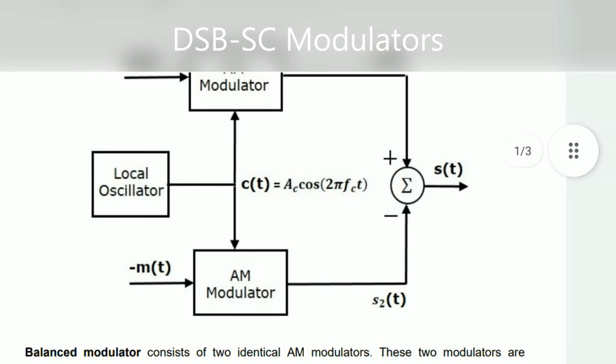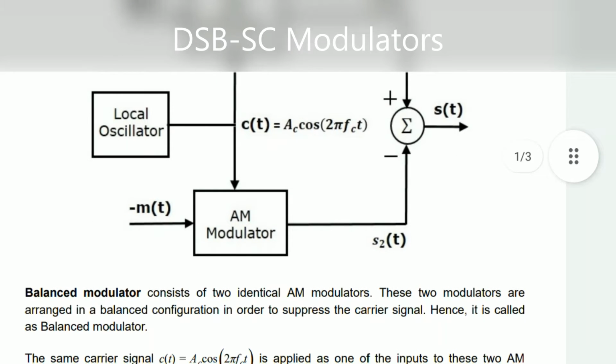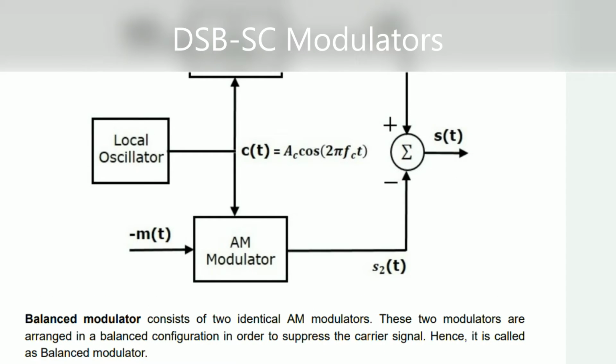So here we have two AM modulators, and then we have one summer and one local oscillator. From this diagram we can say we are giving the message signal to the upper AM modulator, and the negative of the message signal is given to the lower AM modulator.